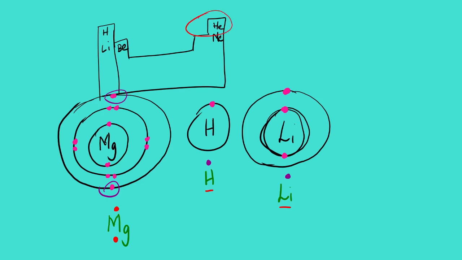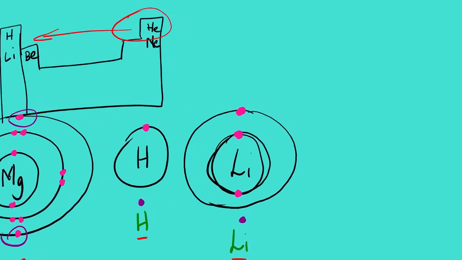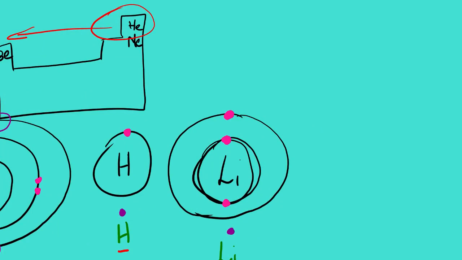We know that helium originally belongs here. That is why it also has 2 electrons on the outermost energy level. Now elements in group number 8, like neon, will have 8 electrons. So its Lewis dot diagram would be like this: 1, 2, 3, 4, 5, 6, 7, 8. It's in group number 8, so it has 8 electrons on the outermost energy level.